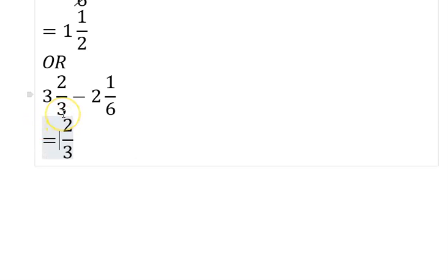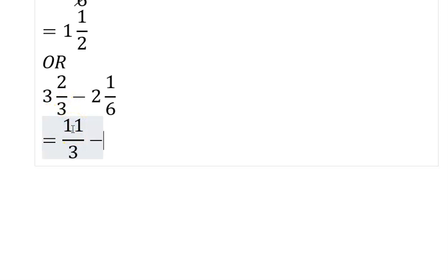Let's quickly convert that and see. 3 times 3 will give us what? 9. 9 plus 2 will give us what? 11. So we have 11 over 3 here.